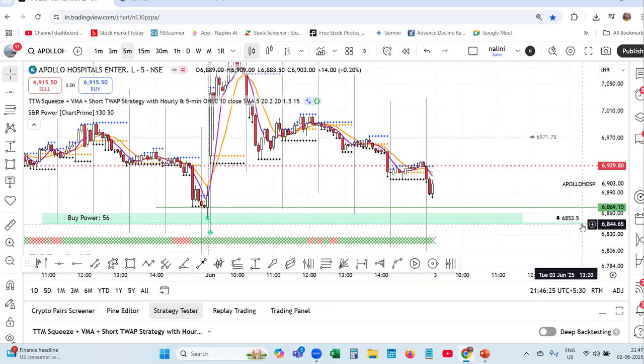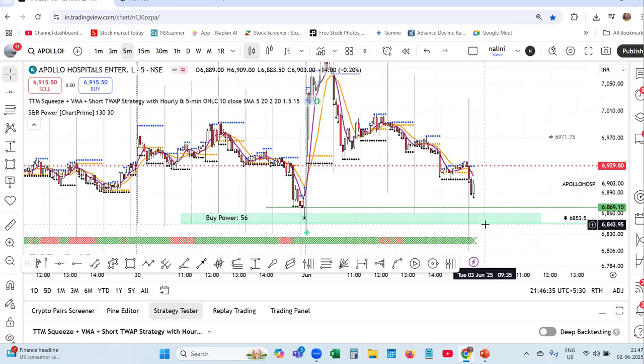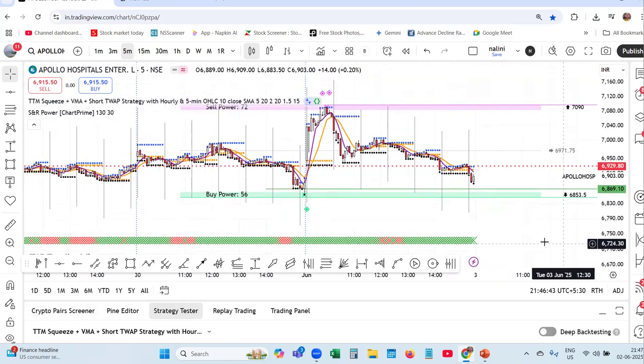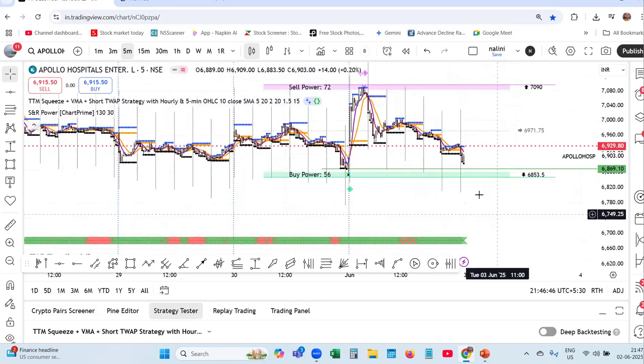It has marked 6853 and the midpoint it has marked 6971. So we need to see tomorrow. You just track this. Tomorrow, whether this power dynamic support is going to hold or whether it is going to break.